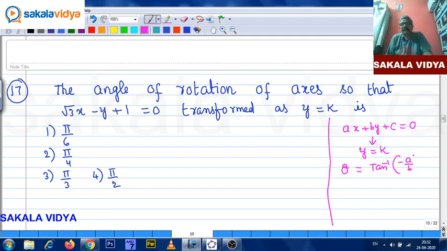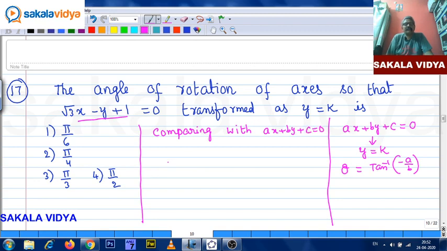That means now we need to compare this equation with this equation ax plus by plus c equals to 0, the general equation of a straight line. a equals root 3, b equals minus 1, c is not necessary for us. Theta, the angle of rotation, is equal to tan inverse of minus a by b.